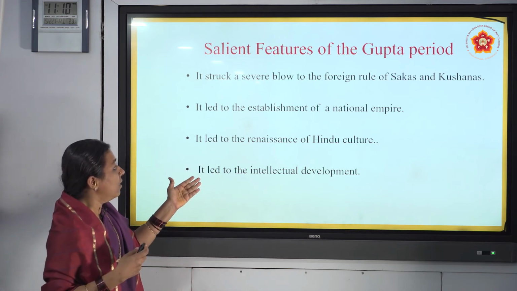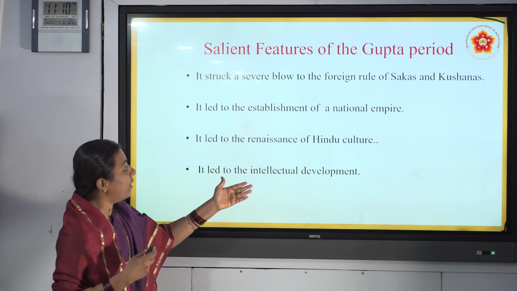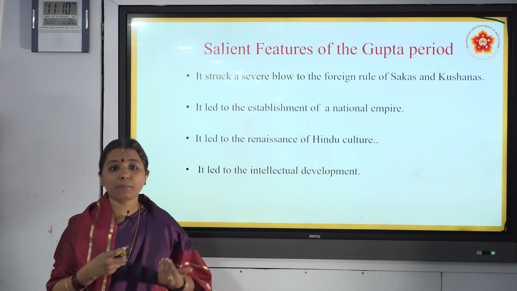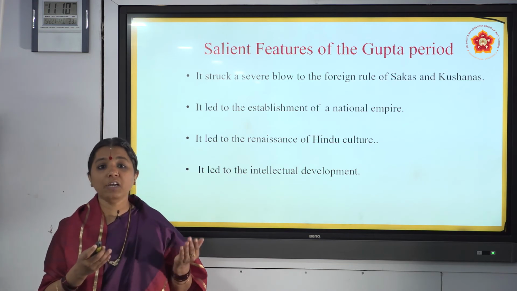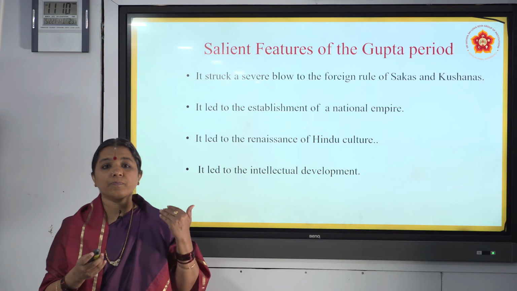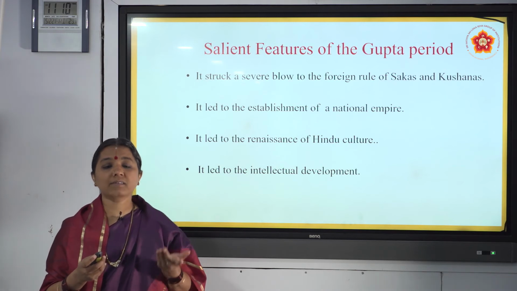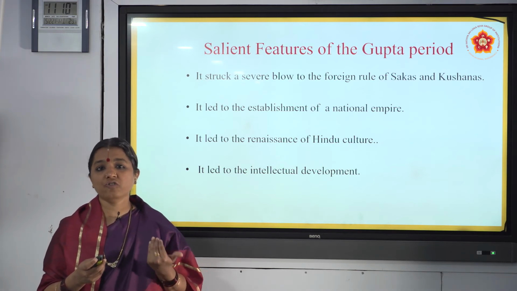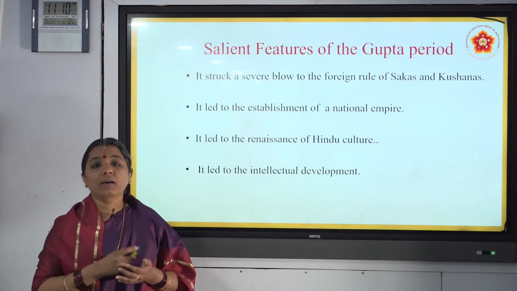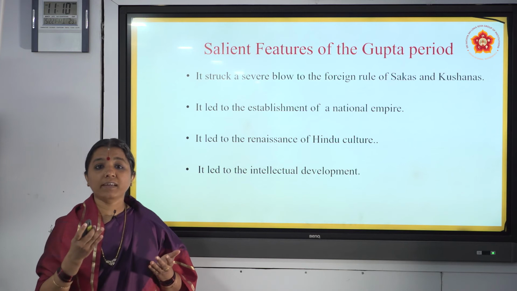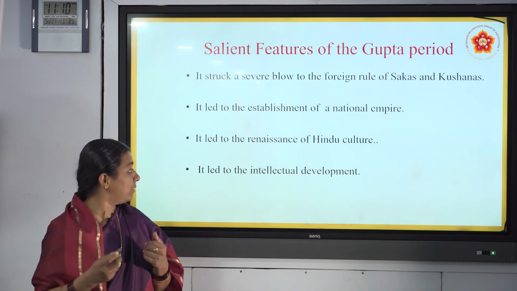And then it led to intellectual development. In that we talked about the progress that happened in the fields of science, metallurgy, mathematics, astrology, astronomy, medicine, etc., along with the field of Indian Hindu culture and spirituality.